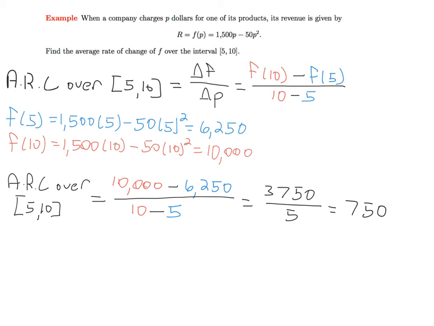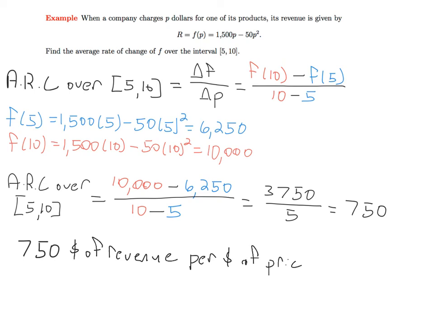And so to just take a second to think about what this tells us, the units of an average rate of change are units of output per unit of input. So this is $750 of revenue per dollar of price.